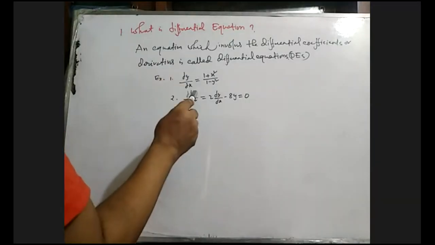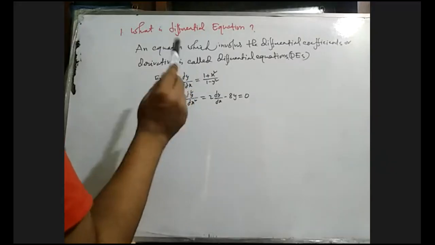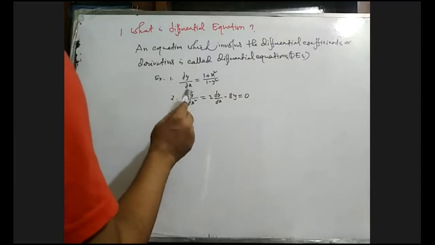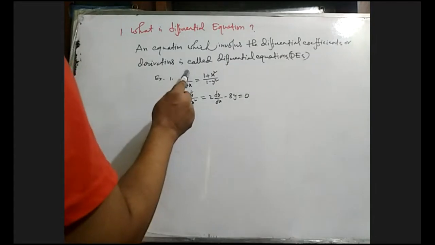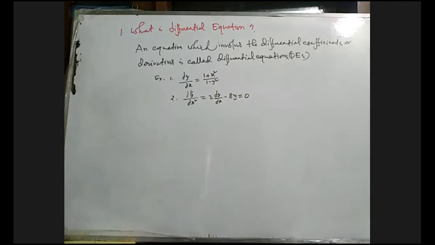This equation is true for particular values, that means it has some solutions of the curve y. So y is the dependent variable and x is the independent variable. Remember it. This is the definition of a differential equation.